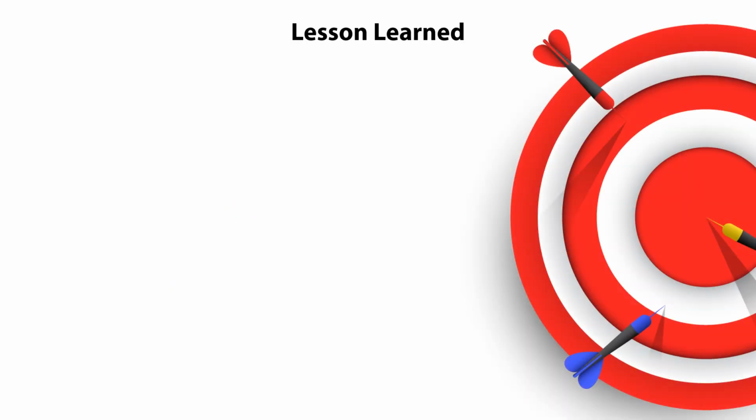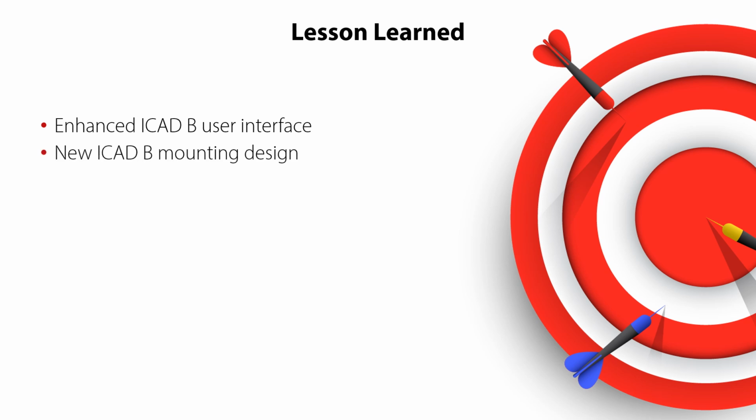You have now completed the introduction video about the new generation Danfoss ICAD B actuator for motor operated valves. So now you know the enhanced ICAD B user interface with multiple options for easier setup and adjustment. You know the new ICAD B mounting design for easier and faster mounting and dedicated for low temperature applications.